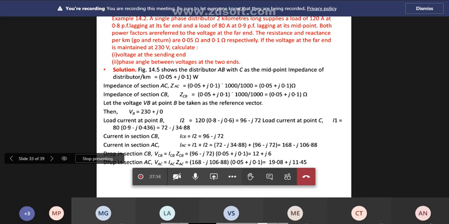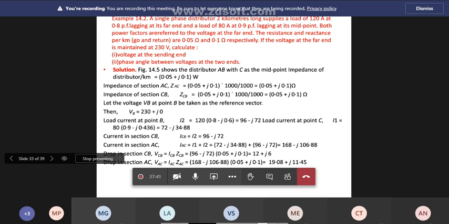Far end means last, that is B. I2 is equal to 120 amperes, cos phi 2 is equal to 0.8 lag, and the 80 amperes at 0.9 power factor is at the midpoint, that is the middle, that is C. AB is the distributor, let us assume B is the far end and C is the middle point. I1 is equal to 80 amperes, cos phi 1 is equal to 0.9 power factor, right?